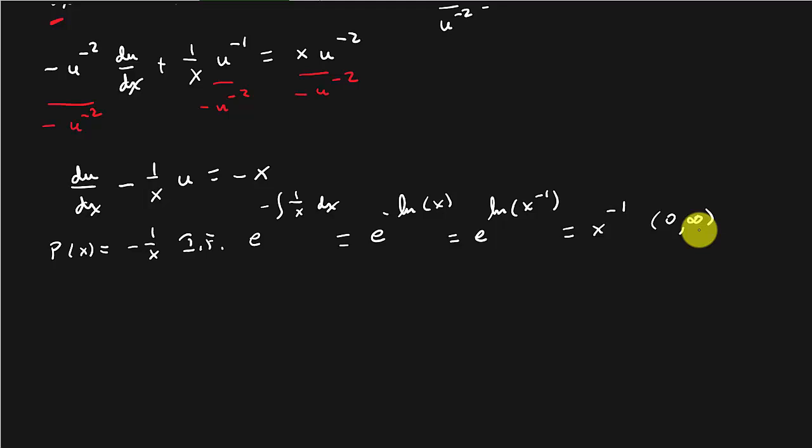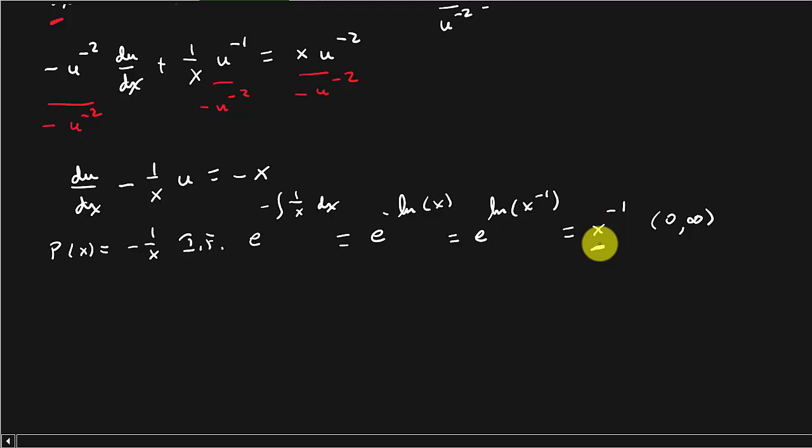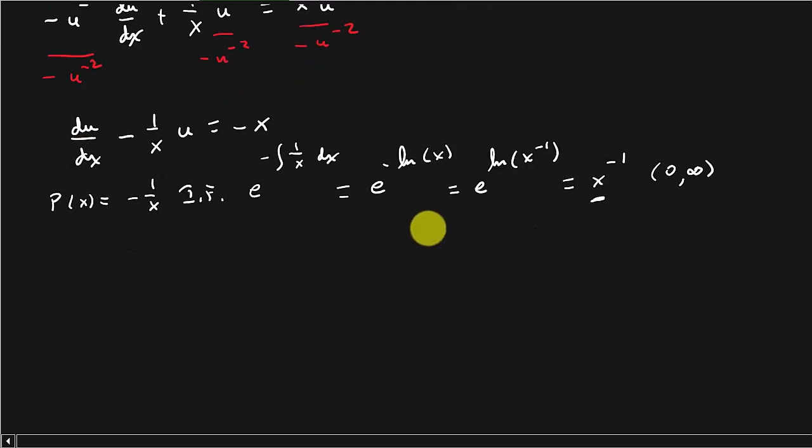We know x is going to be positive. All right. And so now, remember, what do we do? We take our integrating factor and multiply it to each term, right? So that's going to be x to the negative 1 times du dx minus x to the negative 1 times 1 over x u equals negative x times x to the negative 1.